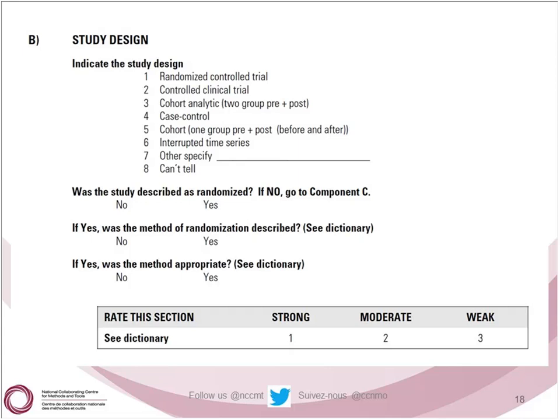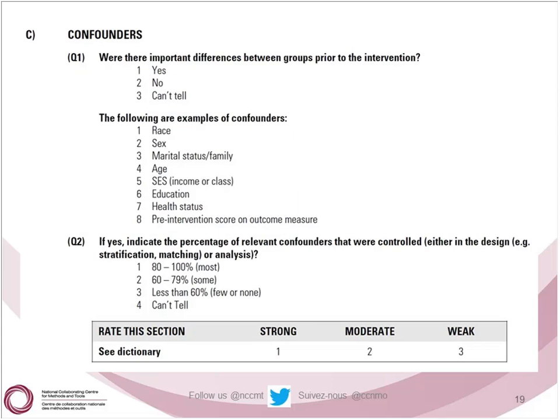So you would still have a moderate here, and then under confounders, here it isn't really so much can't tell, but more not applicable, which would still end up, I would think, being rated as a moderate. So it wouldn't end up being as high as a two-arm trial that has assessed for differences and controlled for them. That could end up with a strong, and here the best time series would end up as a moderate.